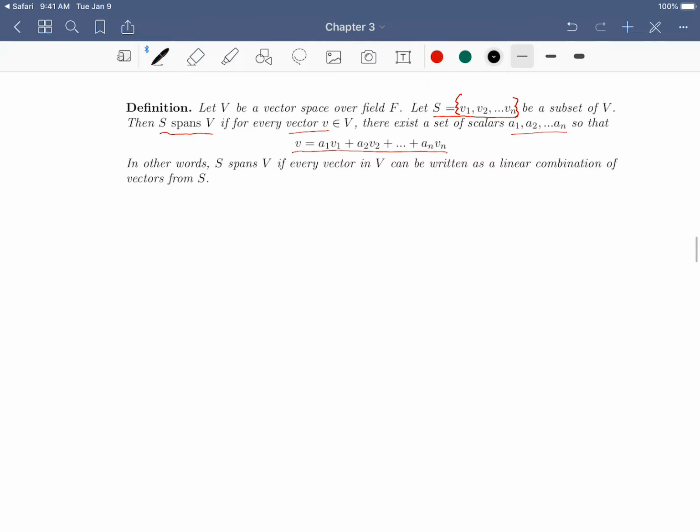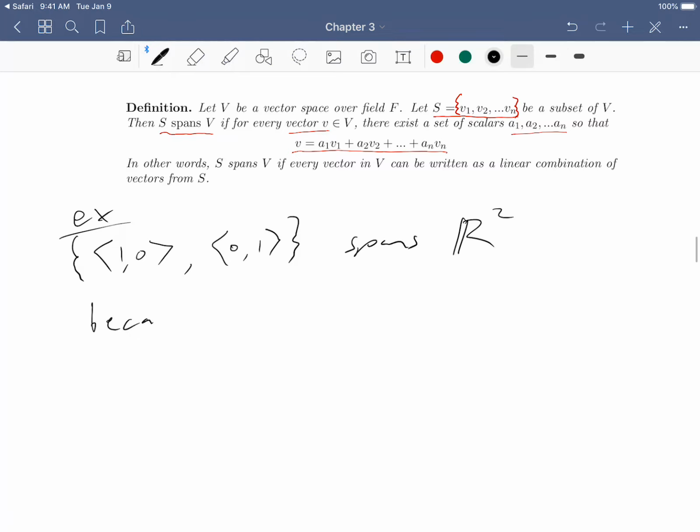So we're going to do a bunch of examples, things that span and things that don't. For example, (1, 0), (0, 1) as a set spans R2.